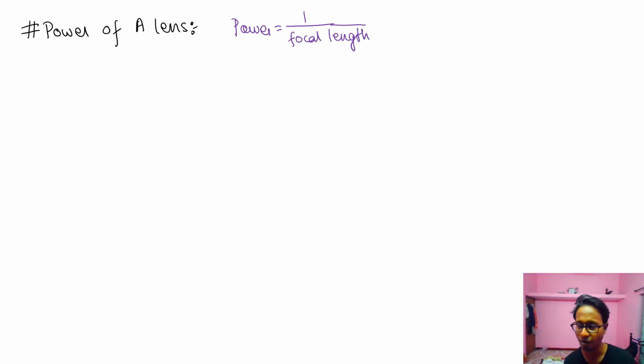So power of a lens is nothing but 1 by focal length. That means the smaller the focal length, the more powerful the lens.